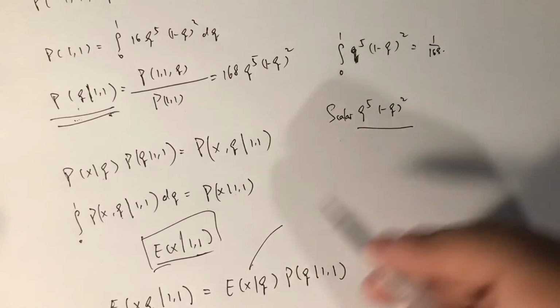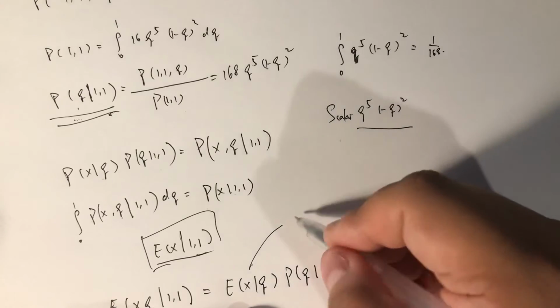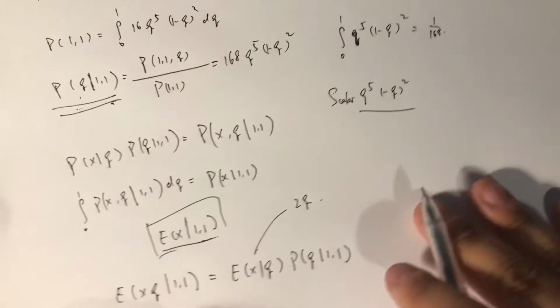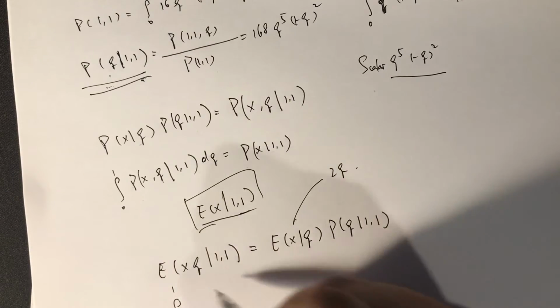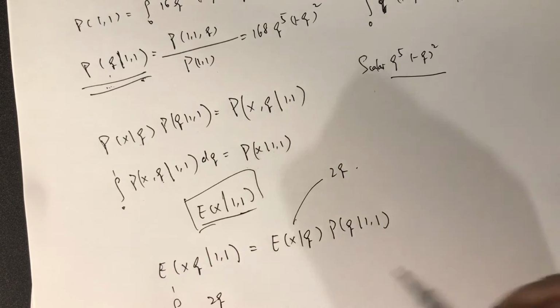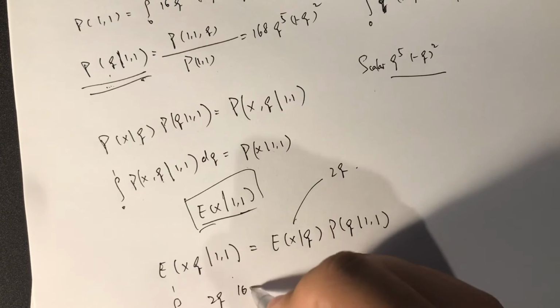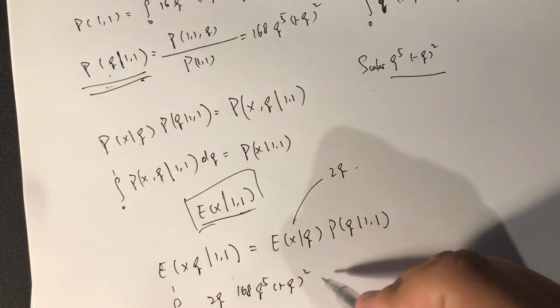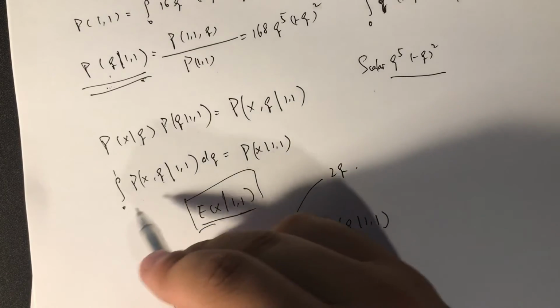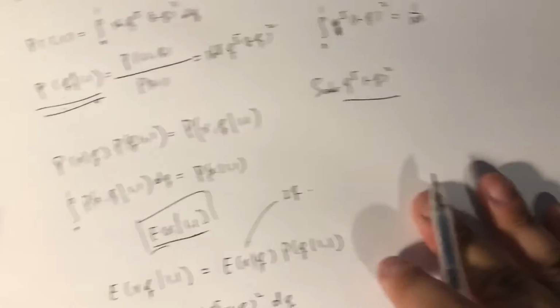And this guy, we know x given q is binomial, so this is just 2q. And the next step is to integrate out q from this. Okay, I'll write it down.